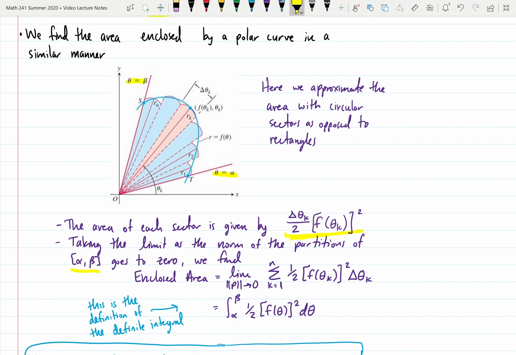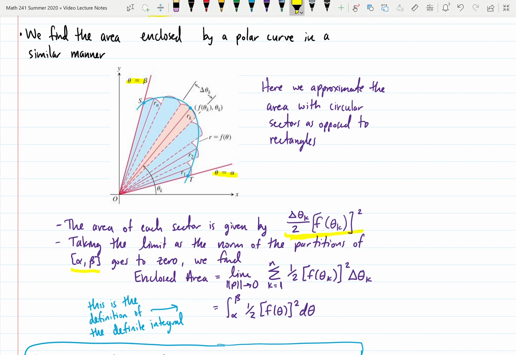So as the norm of the partitions of that interval from alpha to beta goes to 0, we can find that the enclosed area of the curve is equal to that limit as the norm of the partition goes to 0 of the sum from k equals 1 to n of 1/2 times f of theta sub k squared times delta theta sub k.